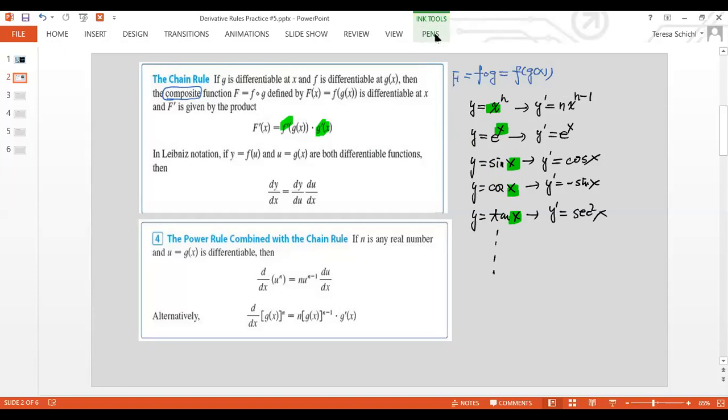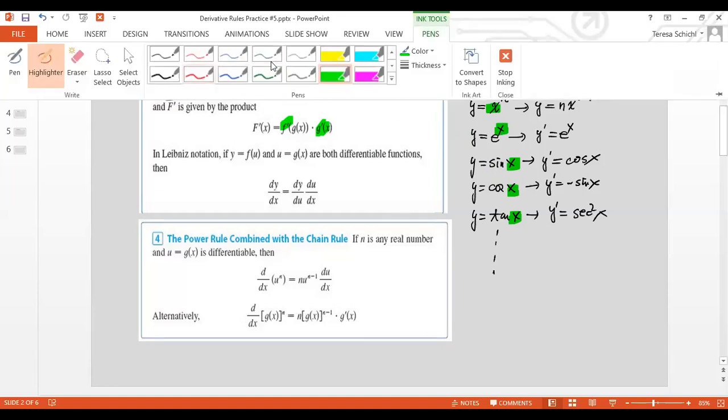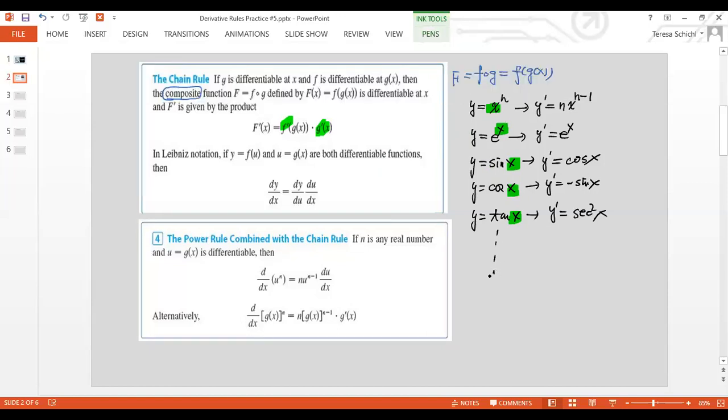Now if it's not just x to the n, say I have x squared plus 1 to the 3rd power here, right? This is a composite function of x cubed and x squared plus 1. So if you change that, f of x is equal to x cubed, and g of x is equal to x squared plus 1.